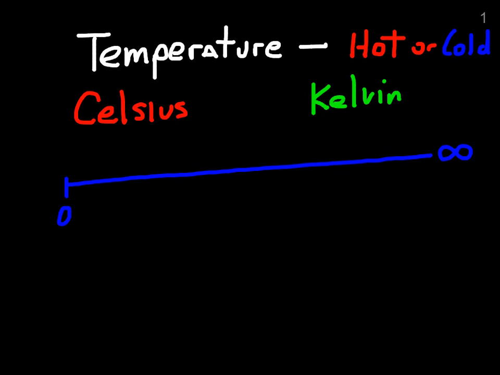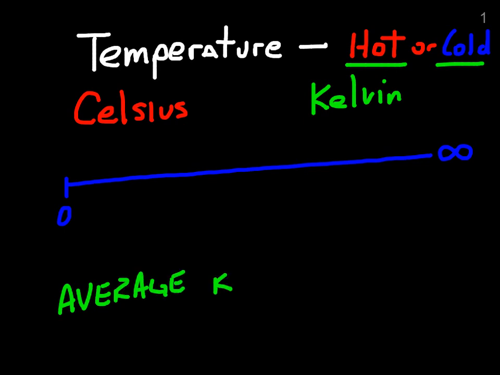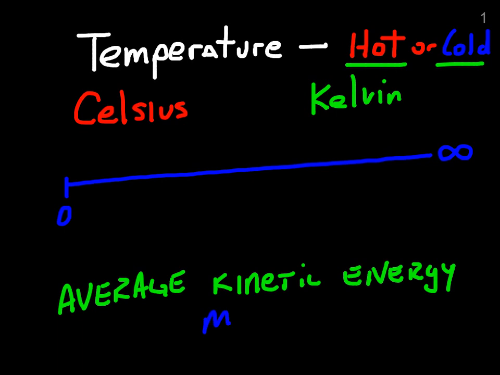The reason for that is because not only does temperature measure hot and cold, but it is also a measure of what's called the average kinetic energy. And average kinetic energy is a measure of the motion or the movement of all the molecules that are making up whatever it is that I happen to be measuring the temperature of.